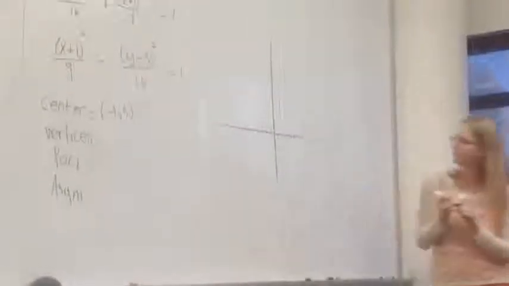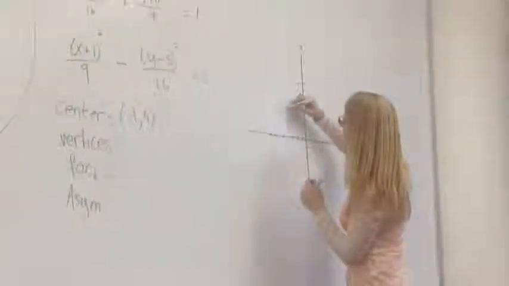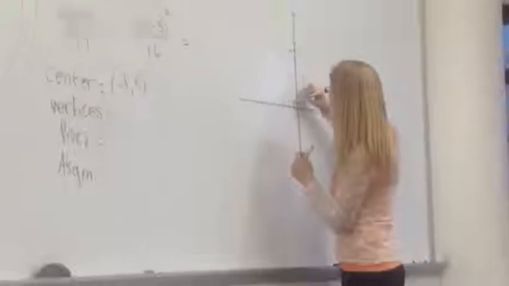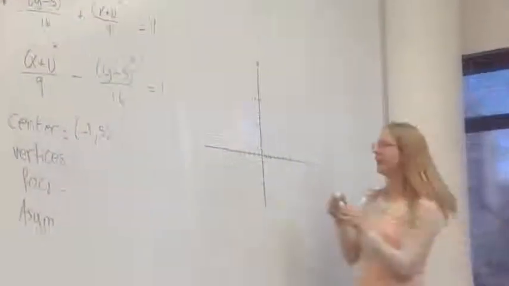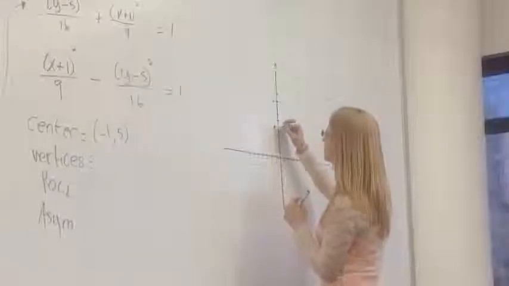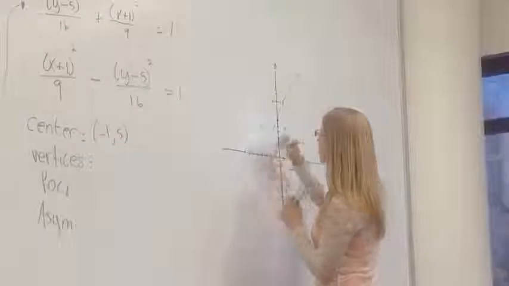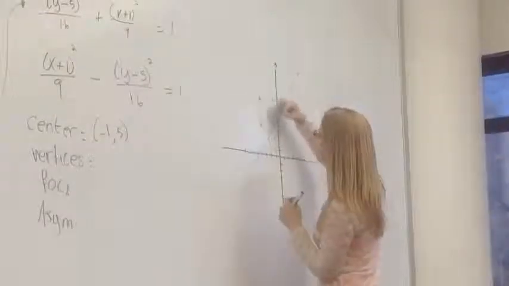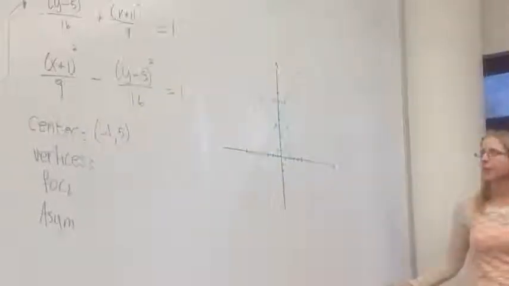Okay. Who's okay with that? Okay, and then what was the next thing I did after the box? The asymptotes. So you graph those asymptotes from the center to the corner. From the center to the corner. Okay. And then what?